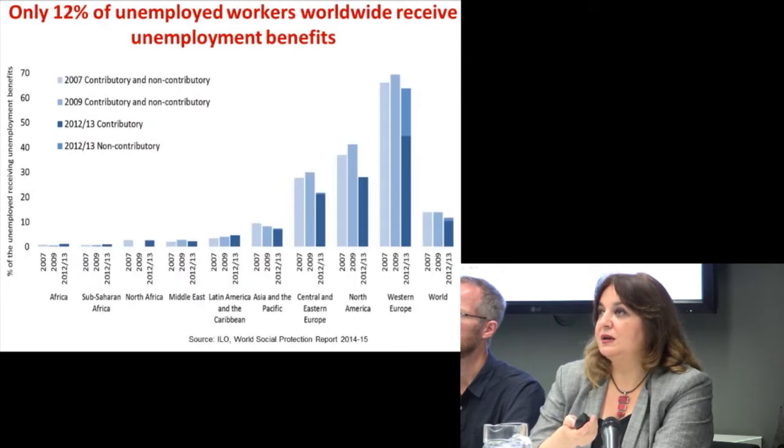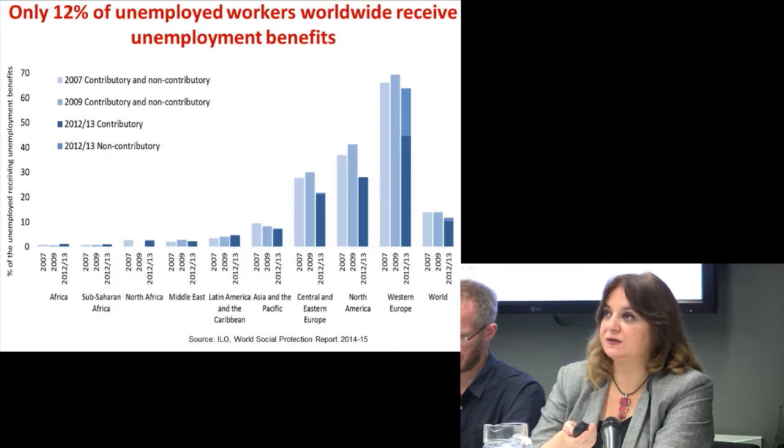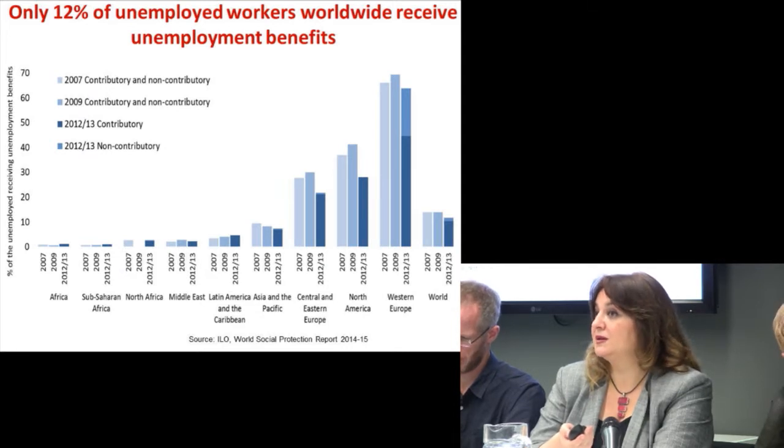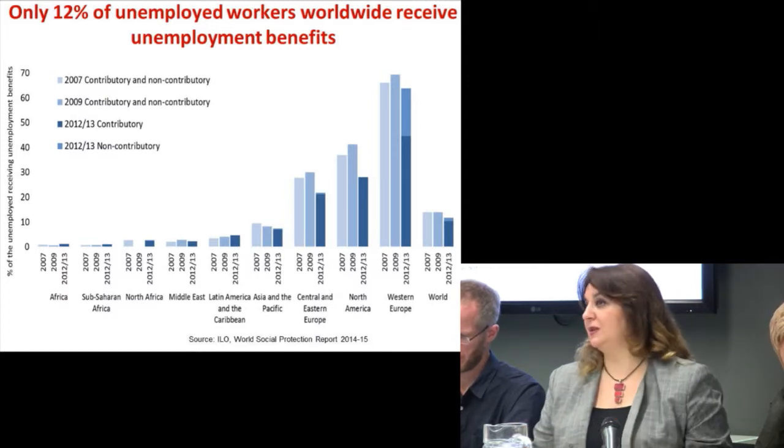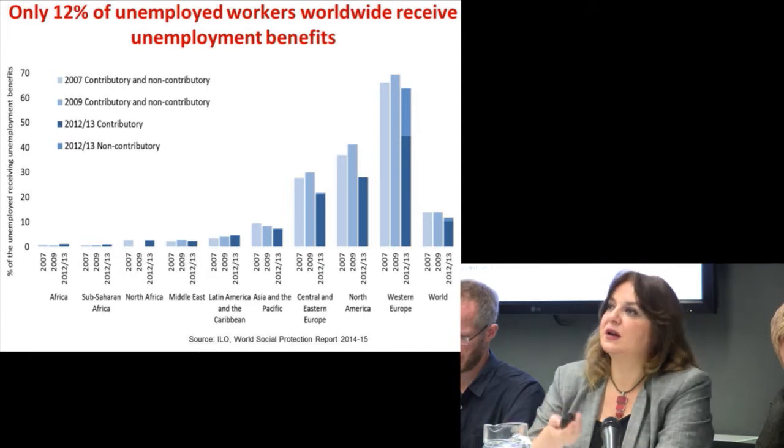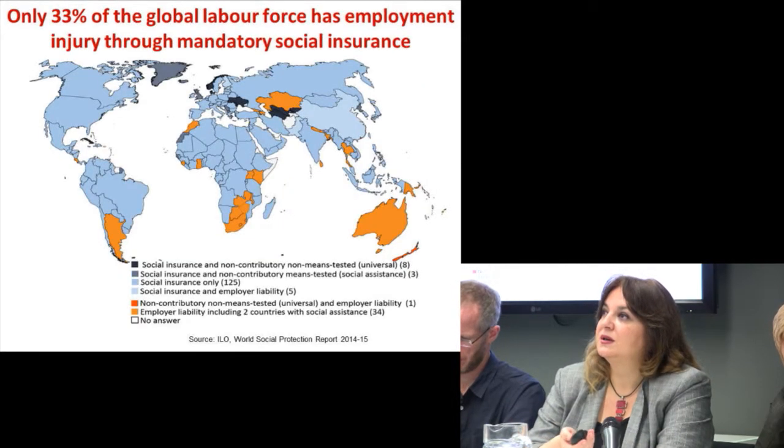Now here the unemployment case is a very powerful one, because only 12% of unemployed workers worldwide are receiving unemployment benefits. So it shows that the schemes do have a capacity to be expanded, and ideally you want to expand them at times of growth, okay? So that in countries that are having it, it is the right moment.